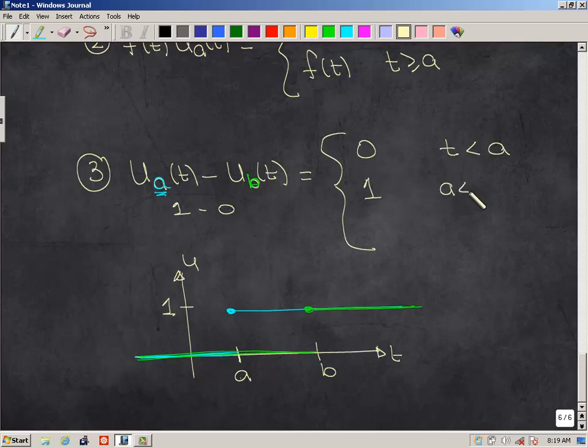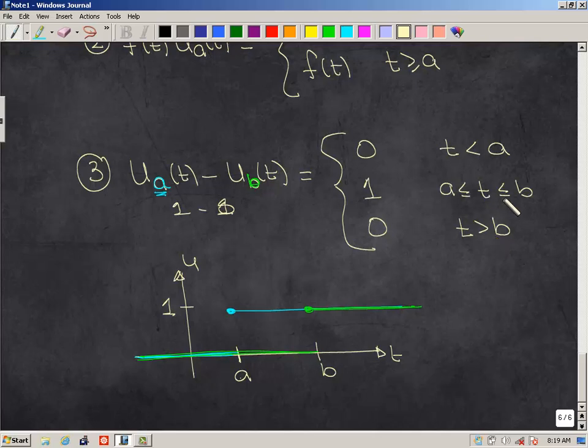What happens to the right of b? The green function is 1 and the blue function is 1. You can see they're both exactly the same. So if you subtract them, you get 1 minus 1, so we get 0. Okay, so that's what we end up with.